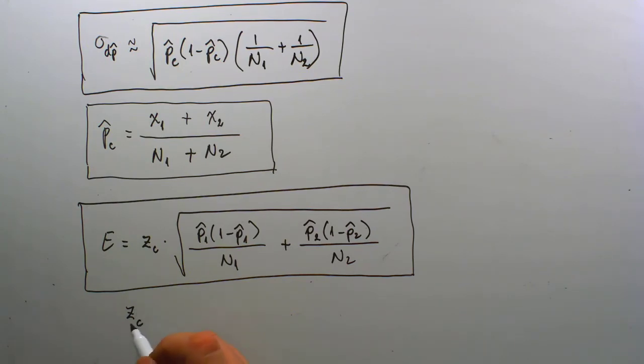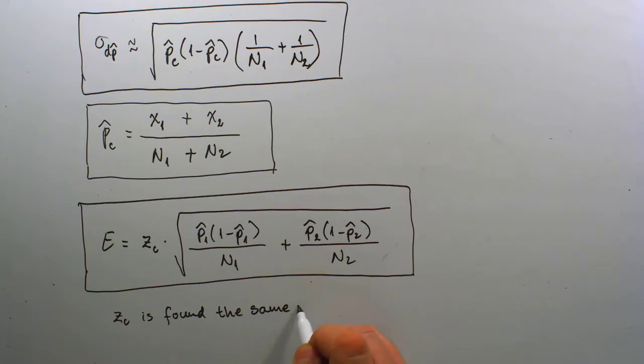As a reminder, if anyone wants, they can rewind this video to the earlier parts where I showed the steps to calculate z sub c. z sub c is found the same way as in any other problems.